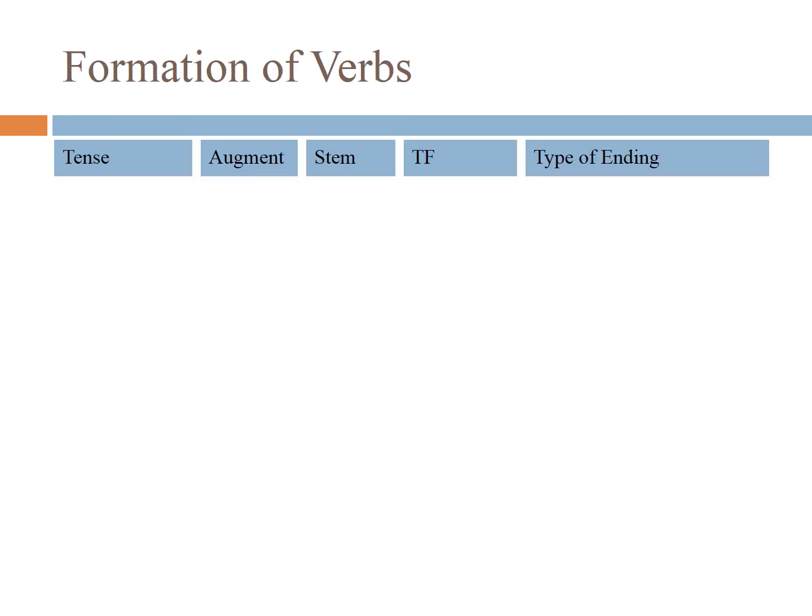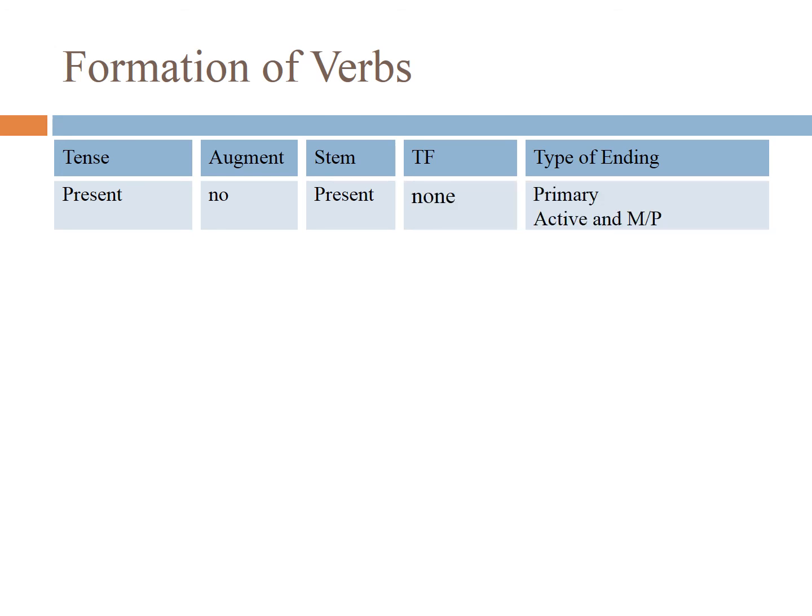Formation of verbs. The present has no augment. The stem is present, no tense formative, and primary active and middle passive endings. Future: augment, no. Stem, future.